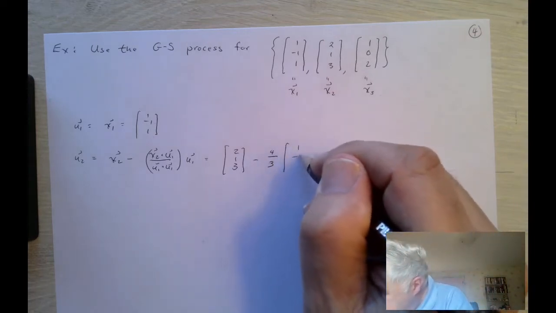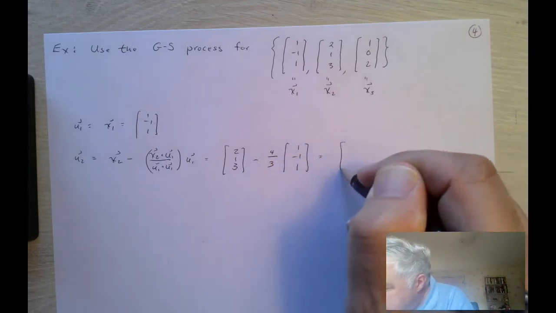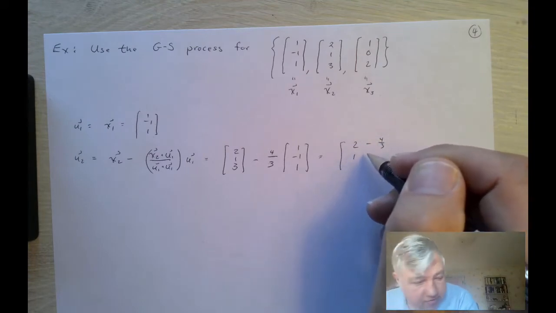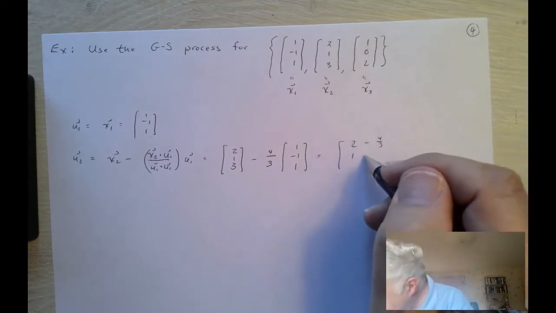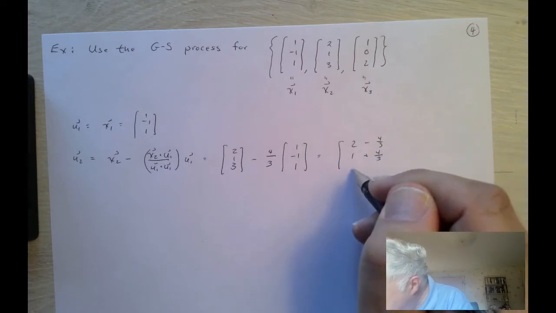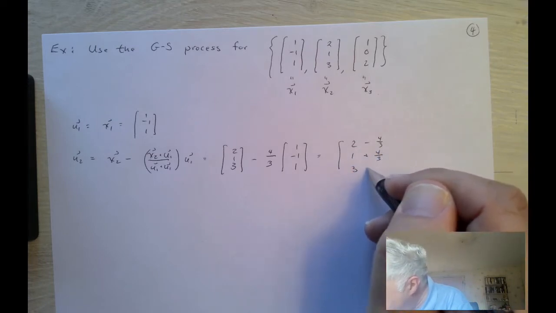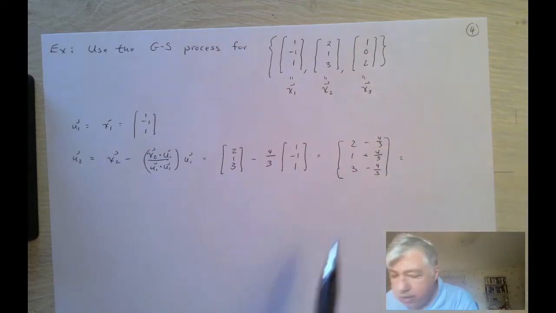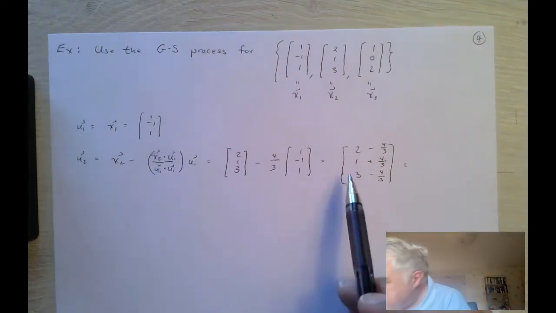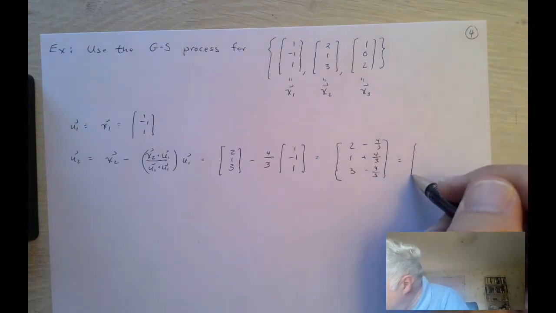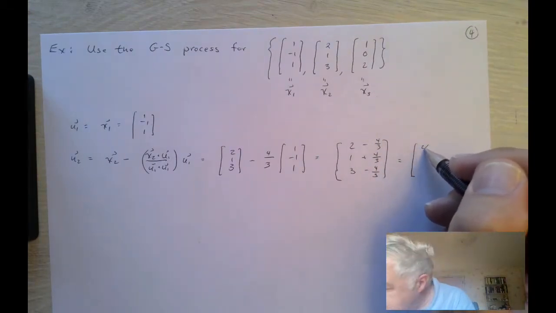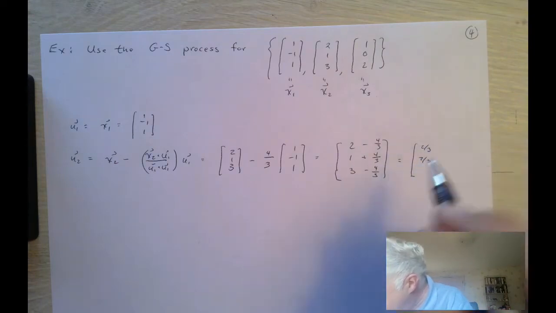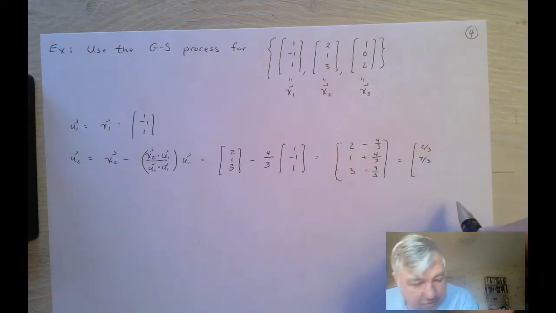So that's 4/3 times 1, negative 1, 1. This is 2 minus 4/3, 1 plus 4/3, and 3 minus 4/3. Okay, and if we do this right, this is 6/3 minus 4/3, that's 2/3. This will be 3/3 plus 4/3, that's 7/3. This is 9/3 minus 4/3, that's 5/3.